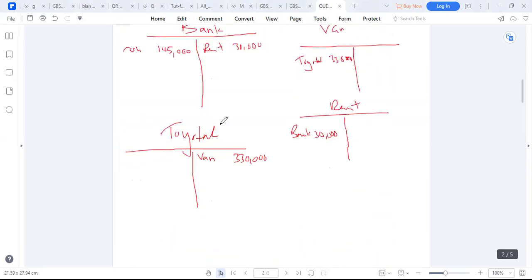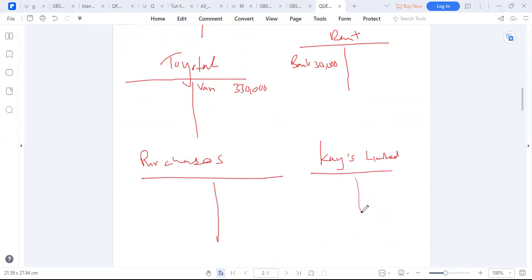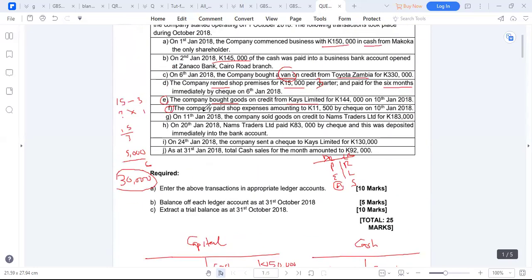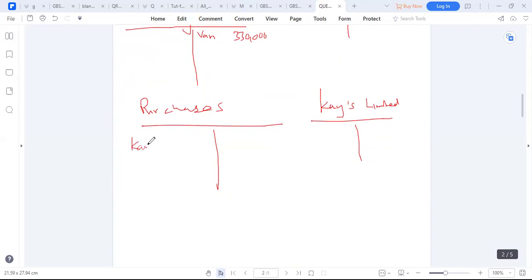So we open purchases and Case Limited, creditor. What was the amount? 144,000. So we say Case Limited 144,000, then purchases 144,000.